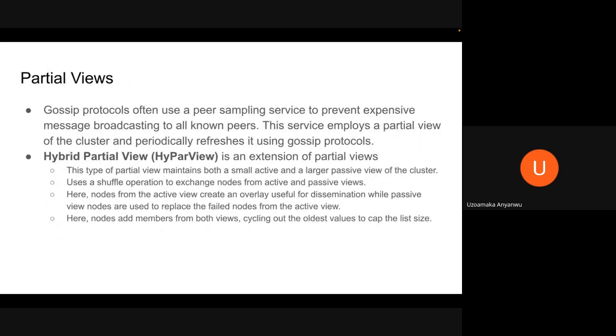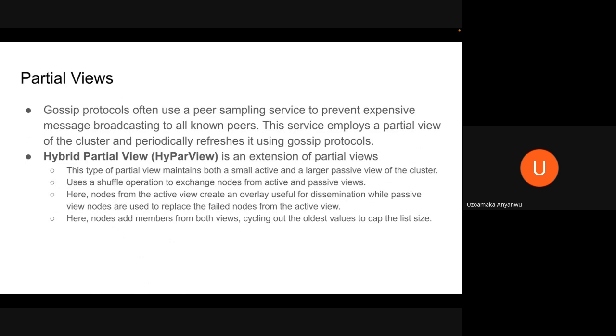Yes, so how I'm interpreting partial views, I found it a little bit complex, but how I interpreted it is, as the number of pairs in a cluster grows, there is a problem of distance, and of pairs not being able to communicate directly or properly with other pairs.